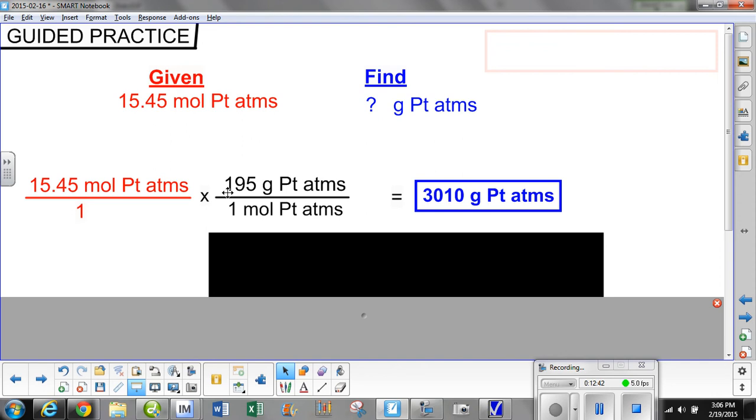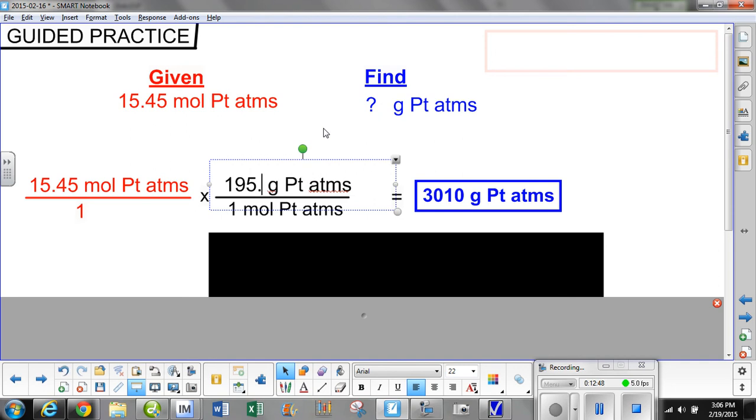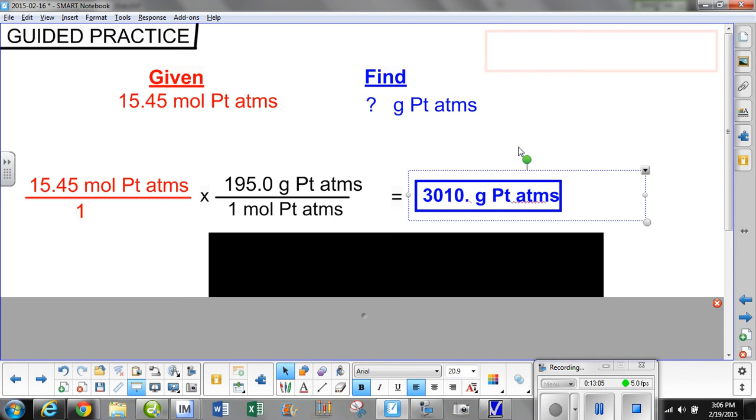What would be the number after 5? 0.1? Is it 0.0? Oh, okay. Unless you're rounding. Okay. So what that would give us here is 4 sig figs, which means I'd need a decimal here, right? Putting the decimal there makes that trailing 0 count, whether it's to the left or to the right of the decimal.